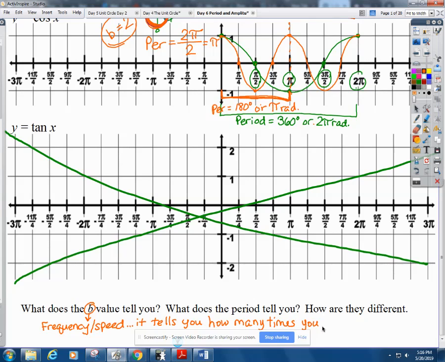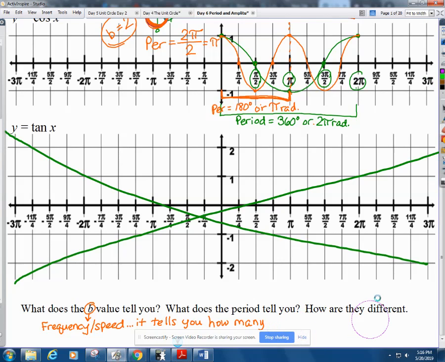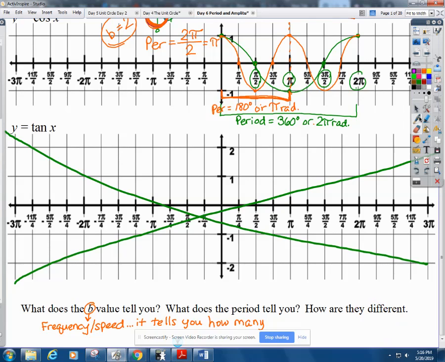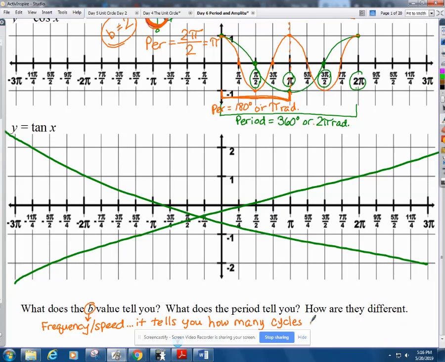It tells you how many complete cycles you have, how many cycles there are from 0 to 2 pi.